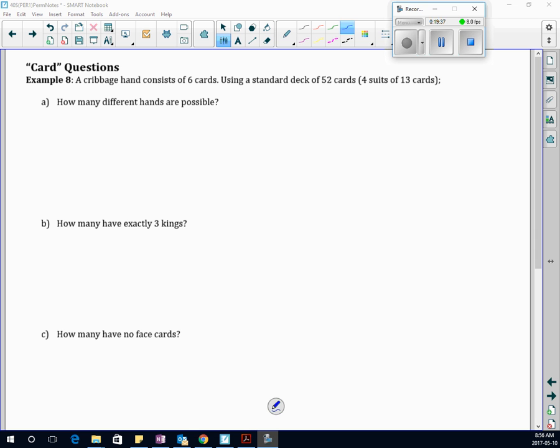So how would I figure out how many different hands are possible? 52 choose 6. It's still going to be a big number, though. 20,358,520. So that's 20 million hands, essentially, right?